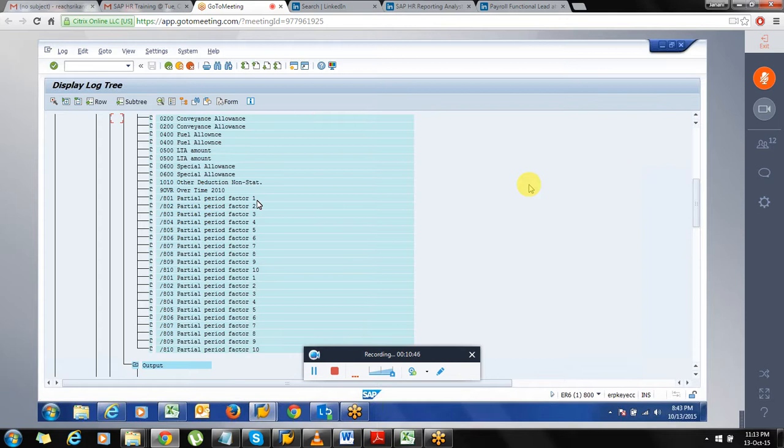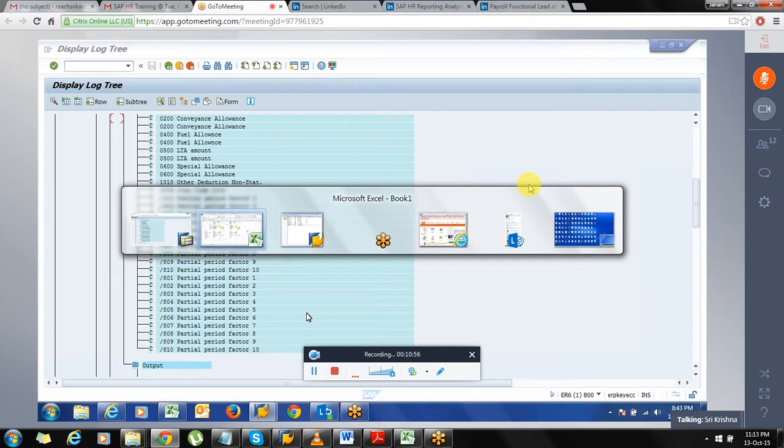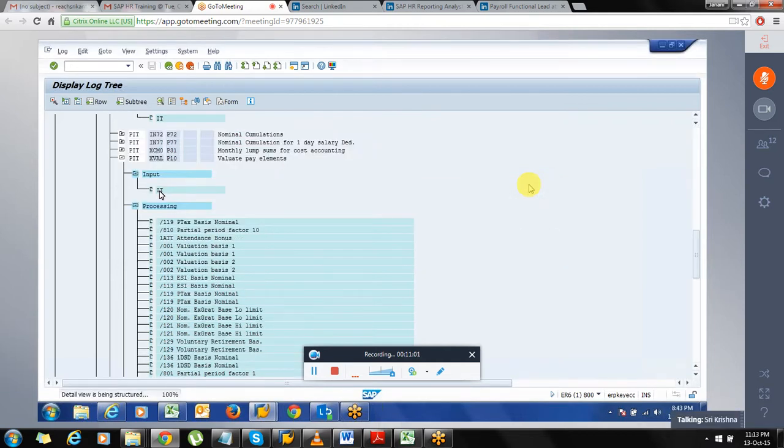Yeah. See, here, as we know, while coming to the XVAL PCR, in the input we have a 0-100 wage step which is holding. I am taking this example. It will go for all the wage steps based on processing class one. So in our example, we are taking basic salary.